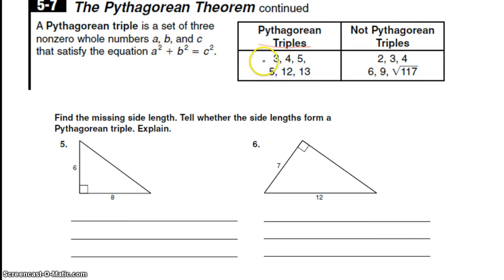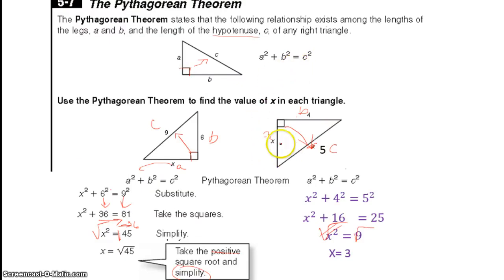So for example, do these numbers look familiar to you right now, 3, 4, 5? I'm going to go back to our previous slide, and I want you to look at this second equation. Our leg here was 4, our hypotenuse was 5, and you notice what our x was? 3. I'm going to put that 3 in there.